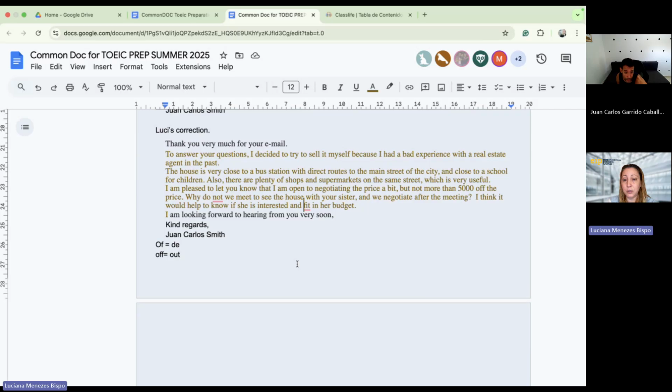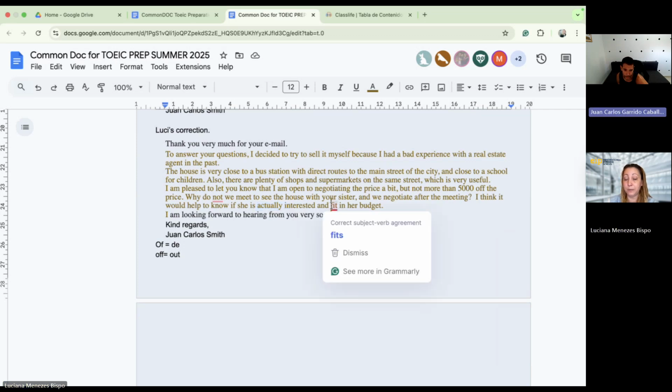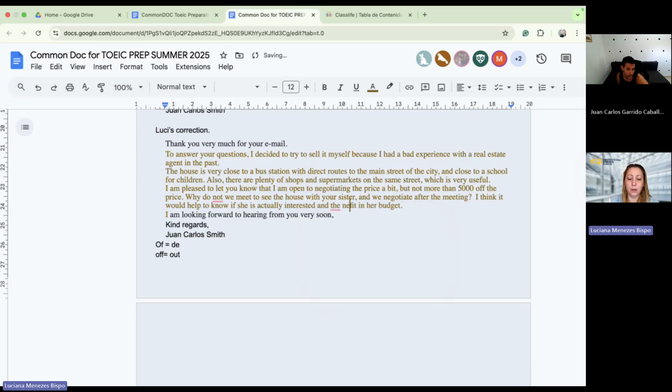And I think if she's okay, she is actually interested. So because she's going to visit the house to make sure that she's actually or indeed interested in the house. And only after knowing she is in fact interested in the house, you are going to check if the price or the negotiated price fits in her budget. Okay. Makes sense. And the negotiated price fits.